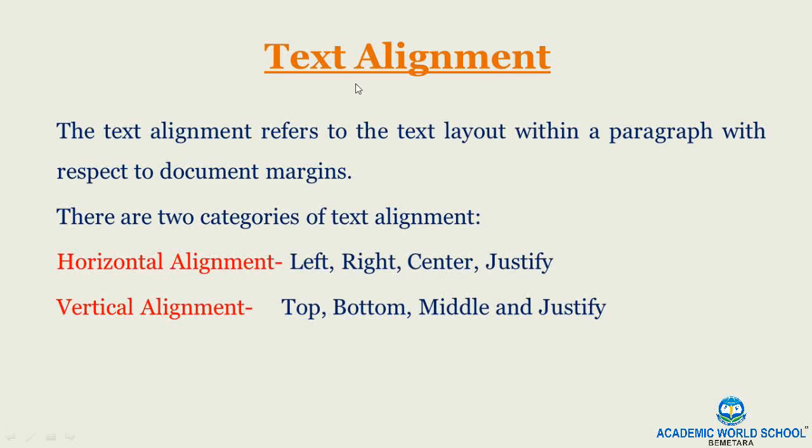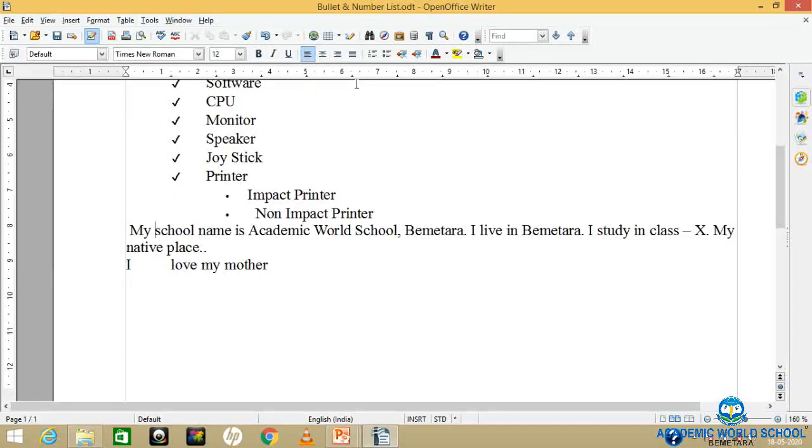So first is left. Left alignment means when you are placing your text to the left side of the document, then this will be called left alignment. These alignment buttons you will find in the formatting toolbar. You can see here, this is called alignment.